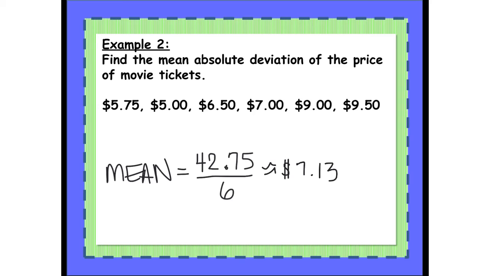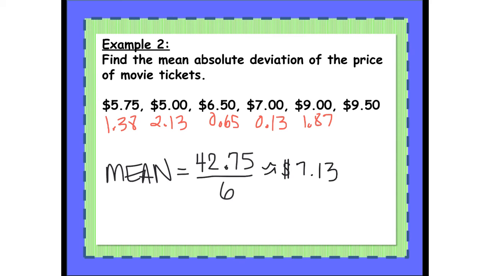Now I need to figure out how far each of those numbers is from $7.13. So $7.13 minus $5.75 is $1.38. On the next one, $7.13 minus 5 is $2.13. $7.13 minus $6.50 is 65 cents. $7.13 is 13 cents more than $7. $9 is $1.87 more than $7.13.